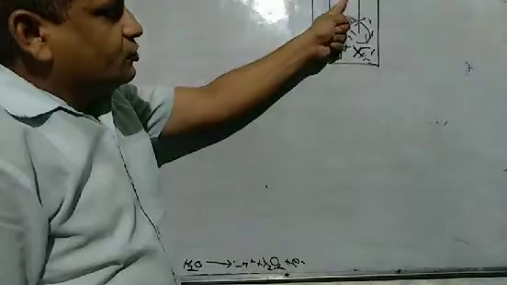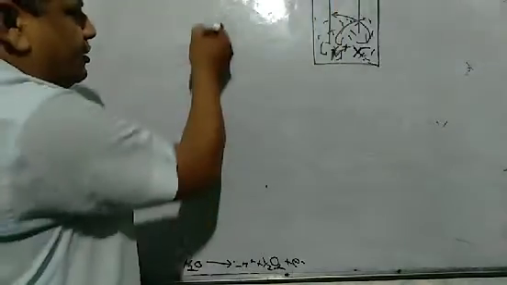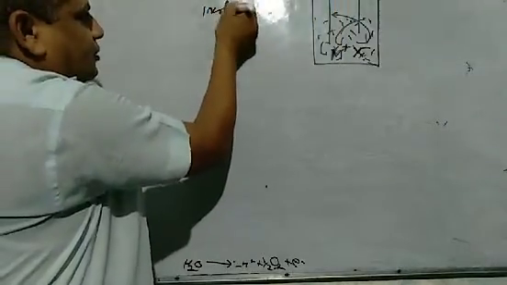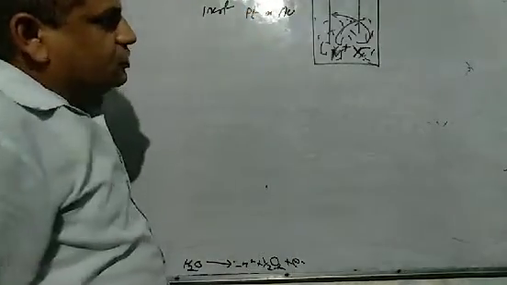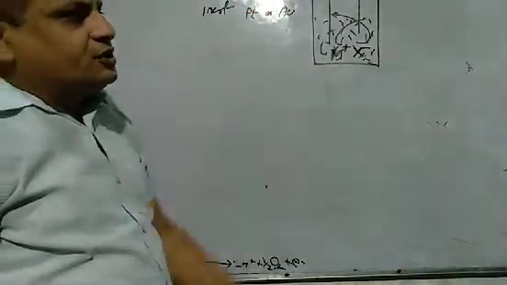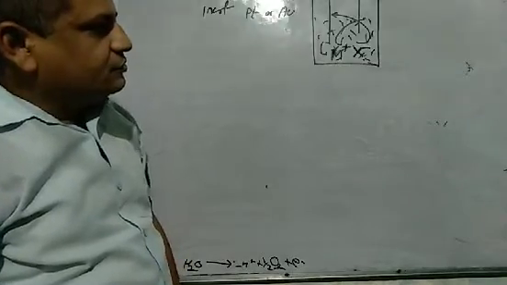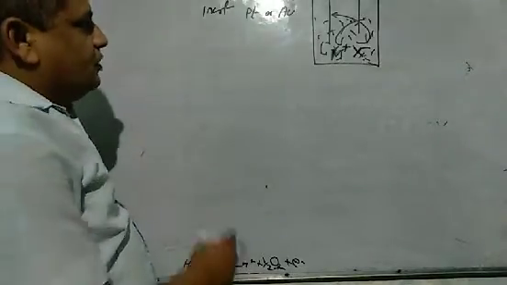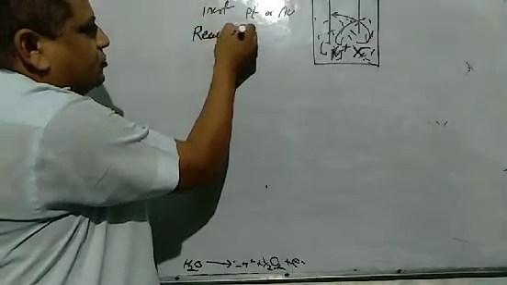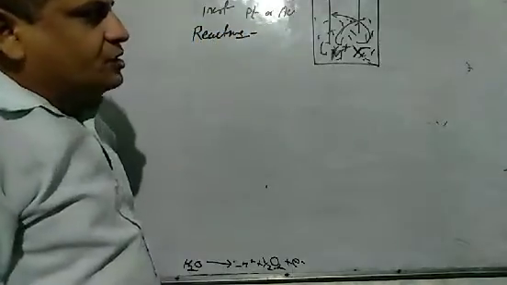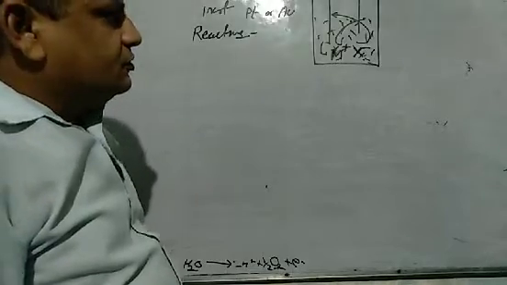If the electrodes are inert, like platinum or gold, they do not participate in the chemical reaction. But if the electrodes are reactive, they take part in the chemical reaction.